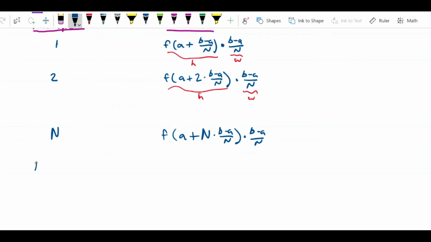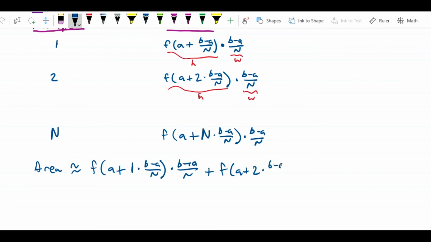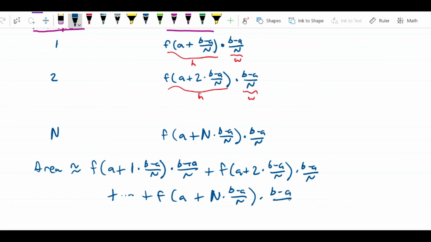So that means that the area is approximately equal to f of a plus 1 times b minus a over n, times b minus a over n, plus f of a plus 2 times b minus a over n, times b minus a over n, plus dot dot dot, f of a plus n times b minus a over n, times b minus a over n.